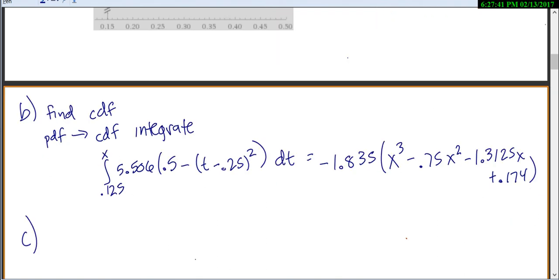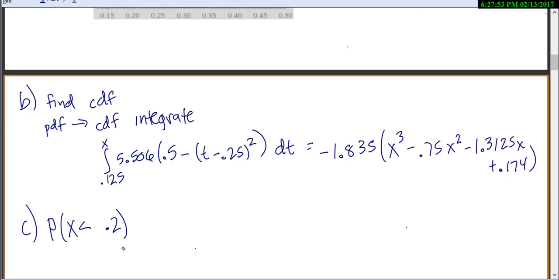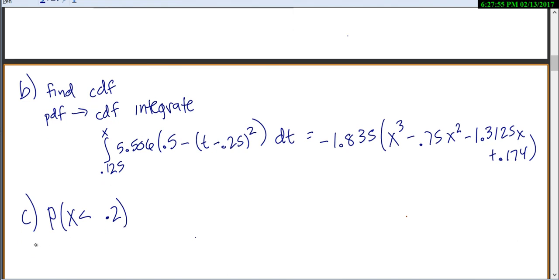And part C says, what is the probability that the paint thickness is less than 0.2? So we're looking for the probability that x is less than 0.2. You could use the PDF or the CDF. We'll probably just use my CDF so I don't have to integrate again. So we're just looking for f of 0.2. So all I have to do is plug 0.2 in up above.